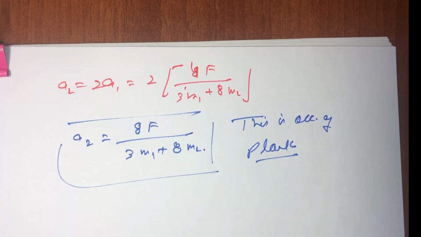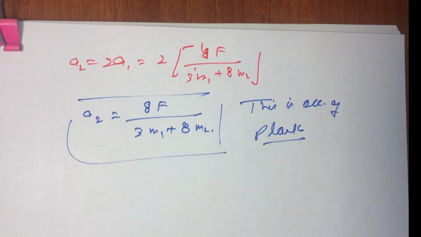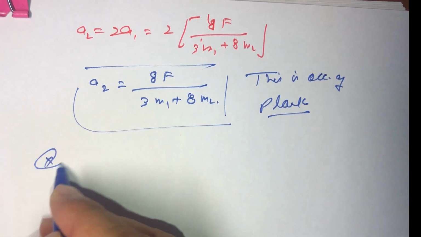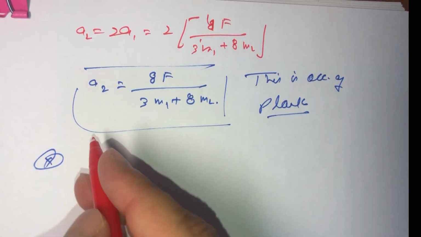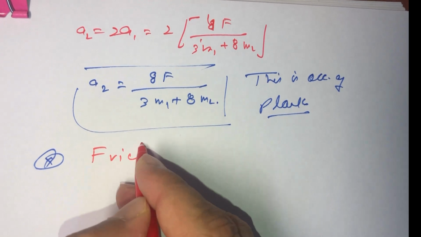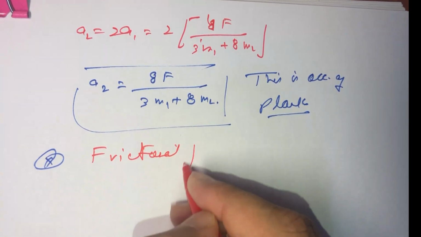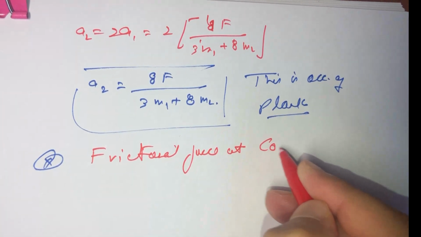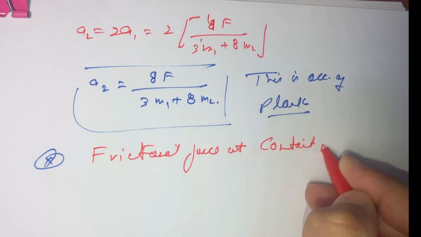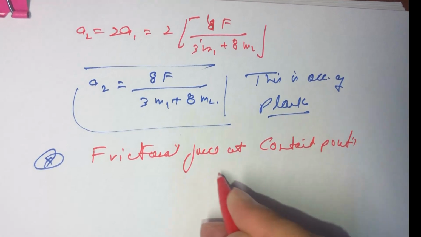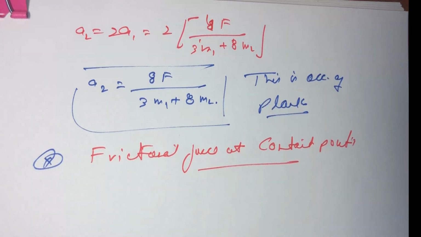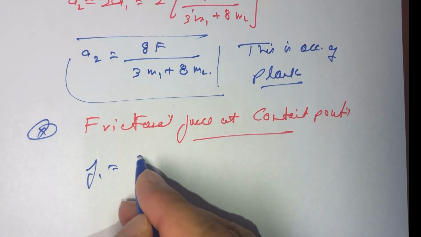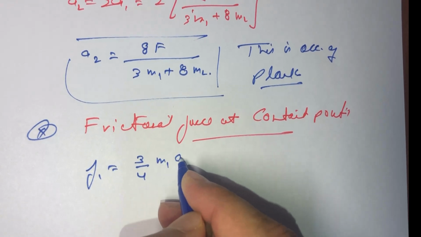Now we come to the frictional forces at the contact points. There are two frictional forces, F1 and F2, because there are two contact points. We already know that F1 is equal to 3 by 4 m1a1.